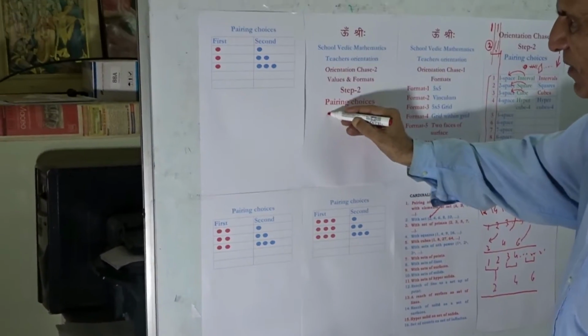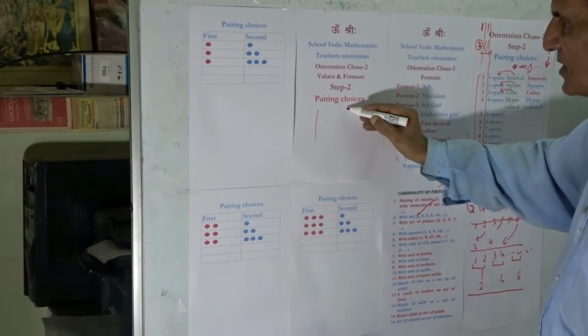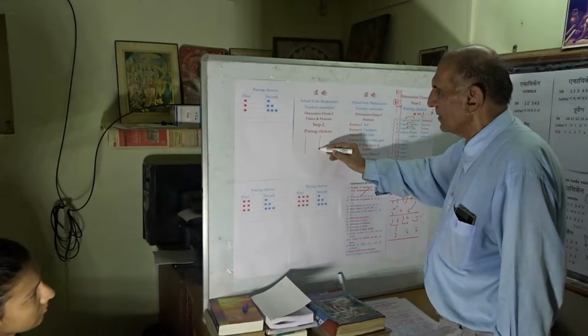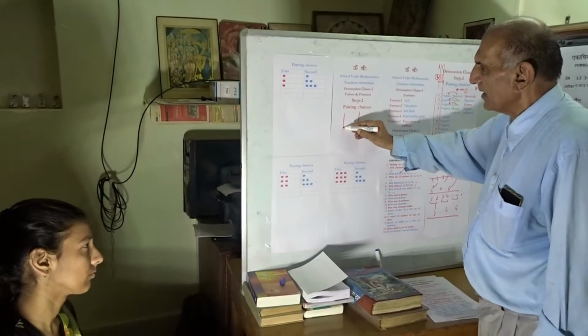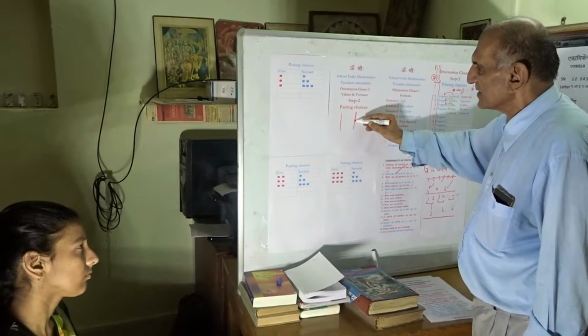So this matching is called a pairing. So we have one line, and say we have another line. Now we don't know how many points are in this line and how many points are in this line.